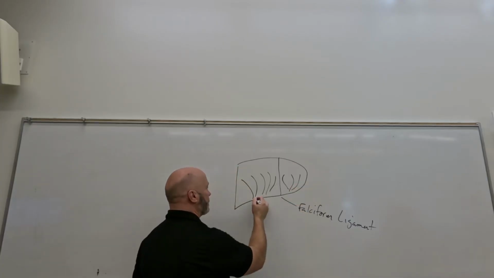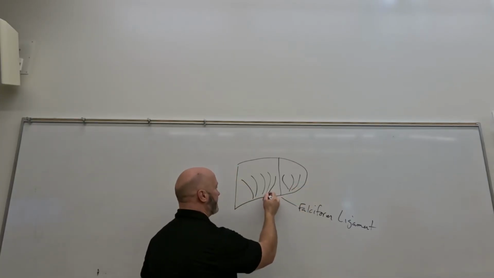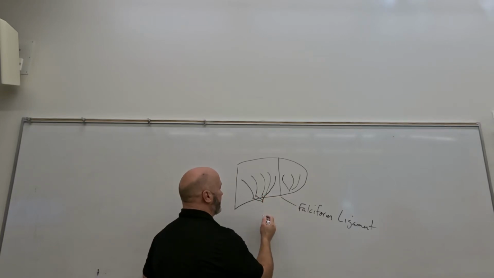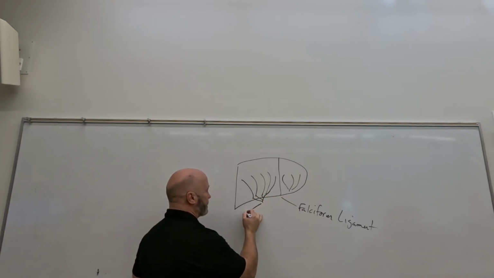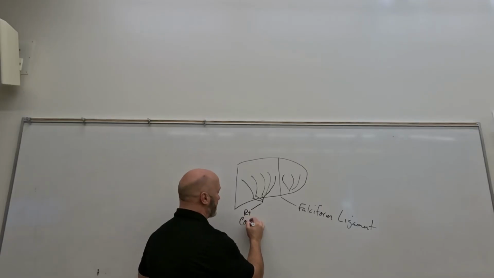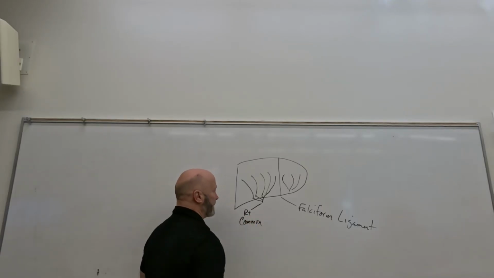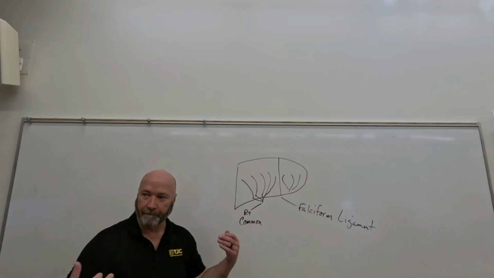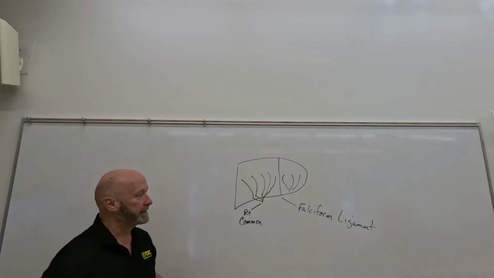All right, so all of these will join up together to create what we refer to as the right common duct. Okay, it's common duct because all the other bile ducts join together to create that one duct.